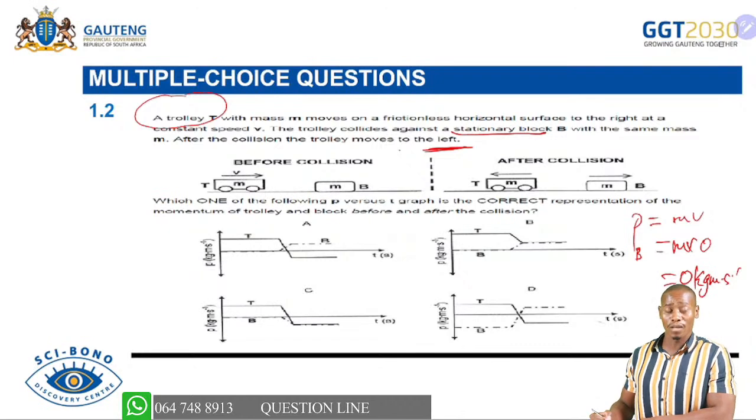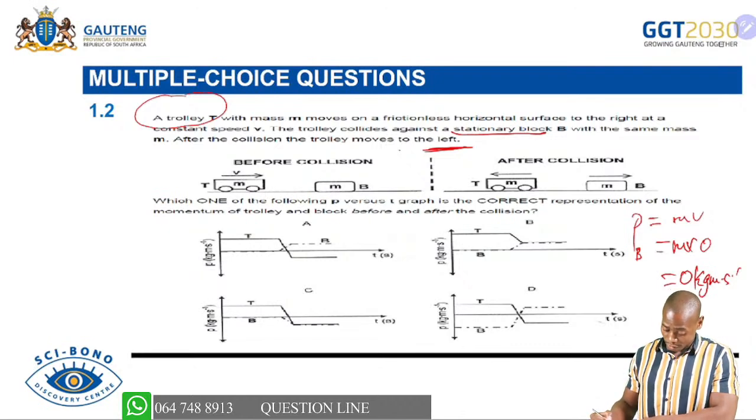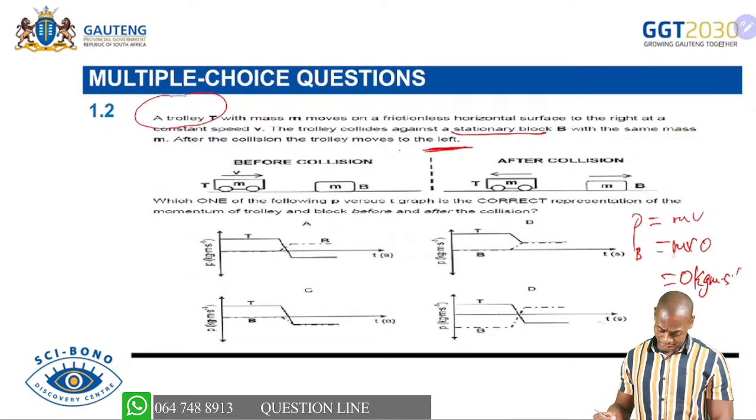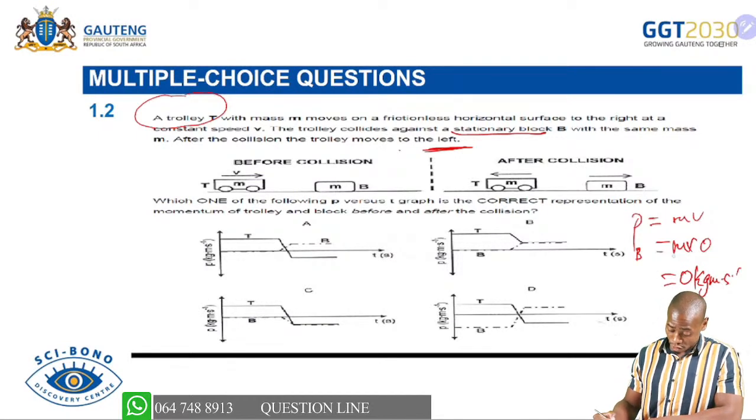So p equals mv, and m for the block is m, and then the velocity is 0, because the block is stationary. So we're expecting the momentum of the block to be 0 kilogram meters per second.